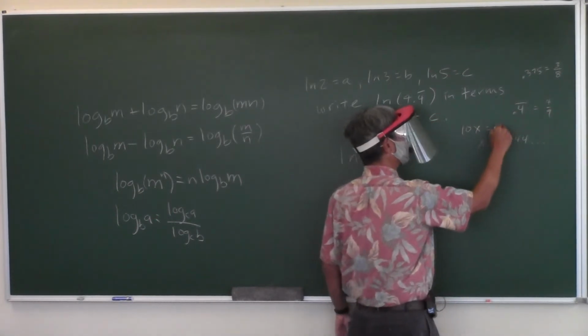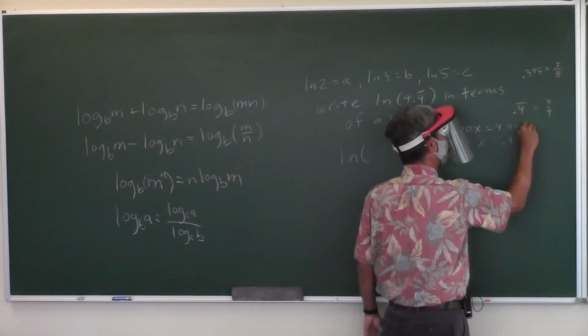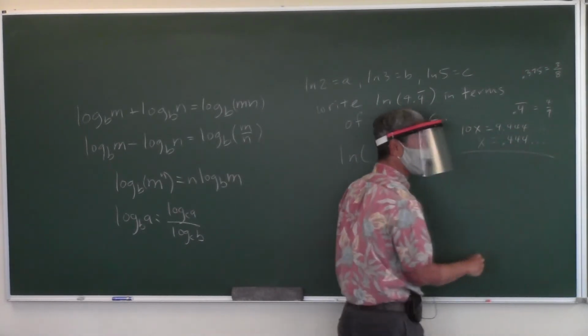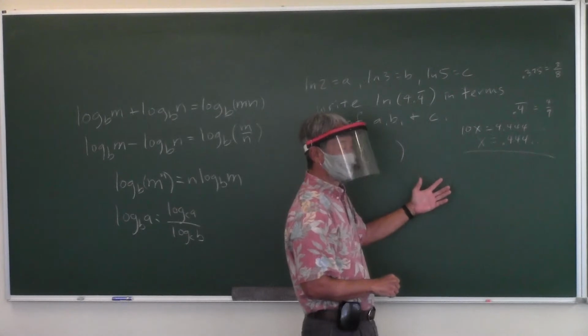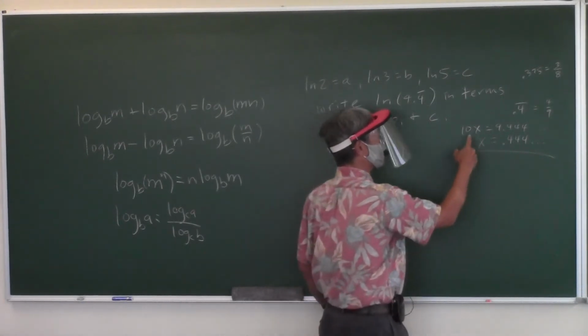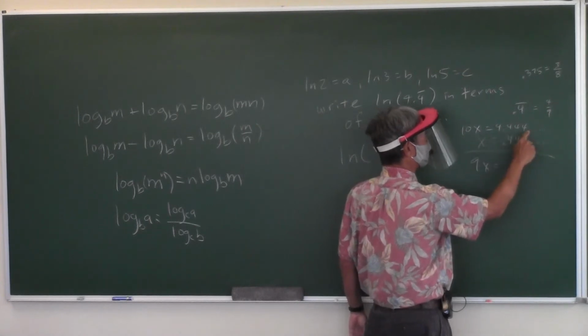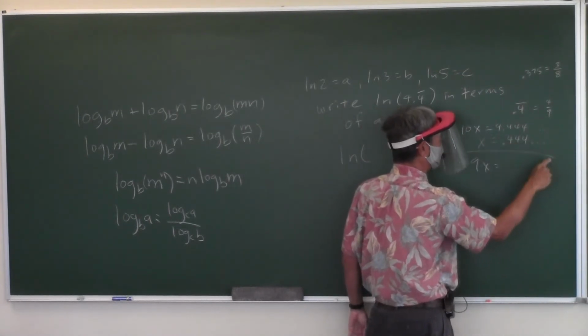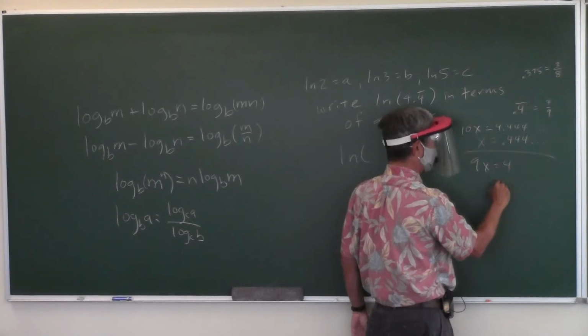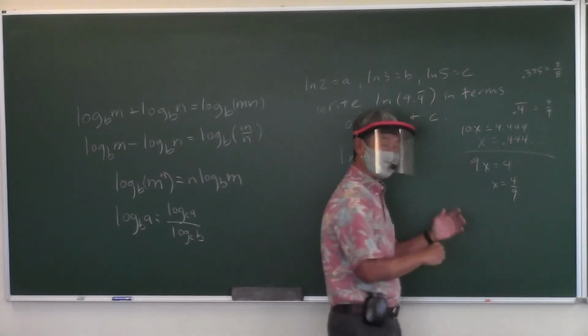What do you get? 4.4444. Now is it starting to look familiar? Now what? Subtract. So what is 10x minus 1x? And what is 4.4444 repeating minus 0.4444 repeating? 4, therefore x equals 4/9. You guys never saw that before?